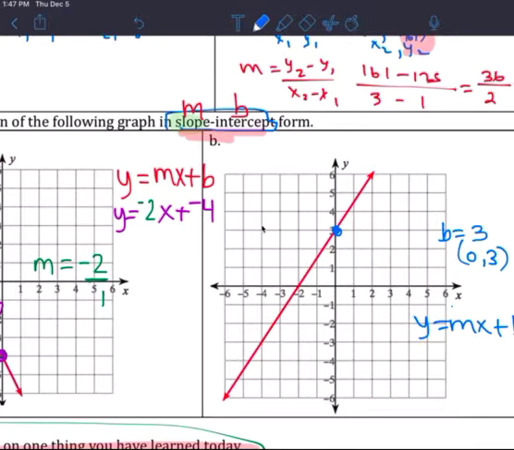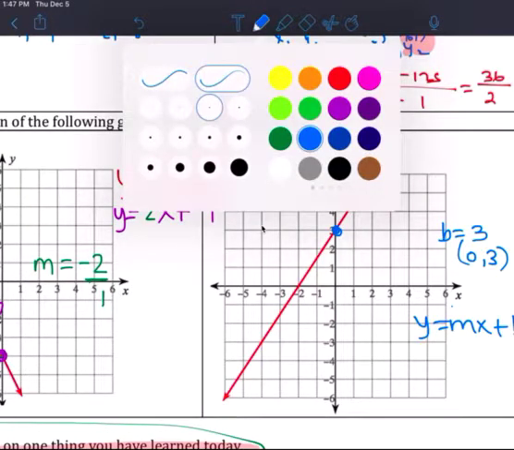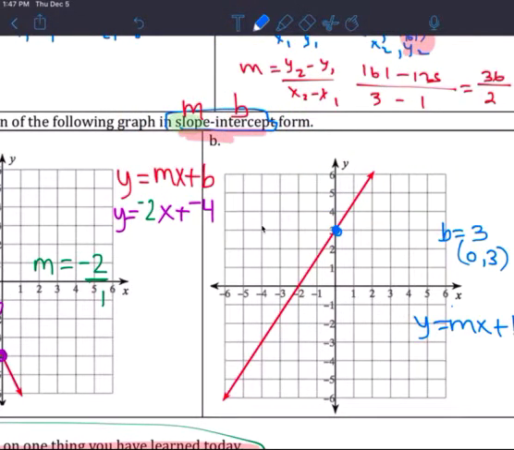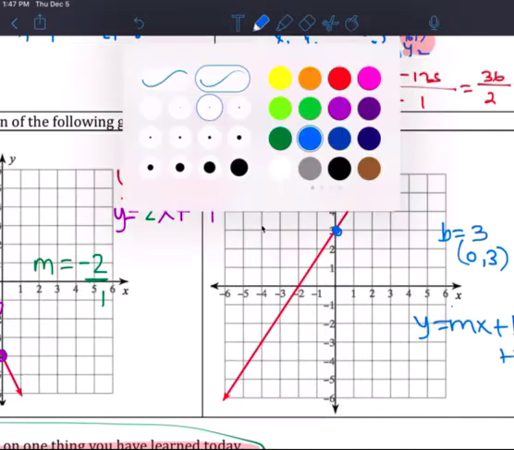All right, slope is, who knows, b is 3 for sure, right? And the slope, we're not sure yet.